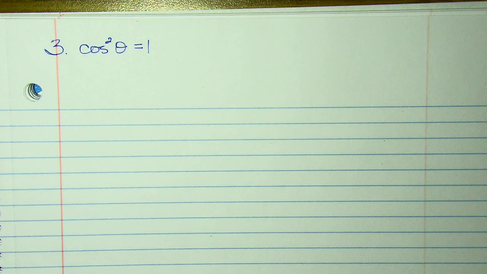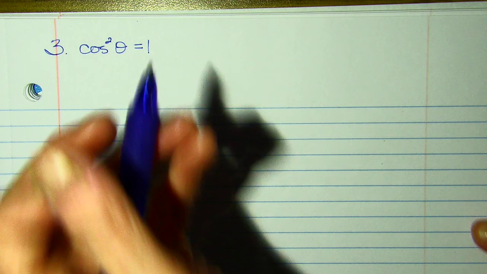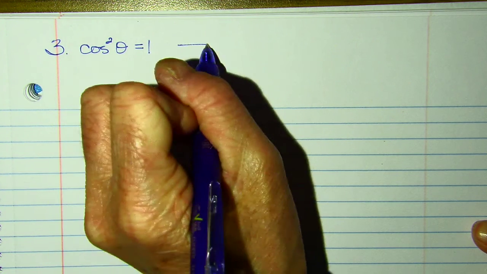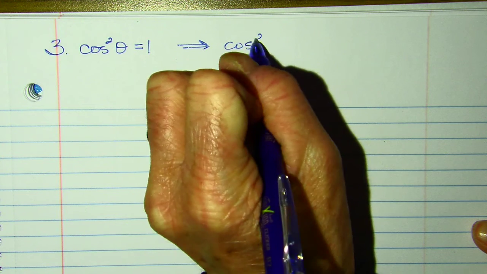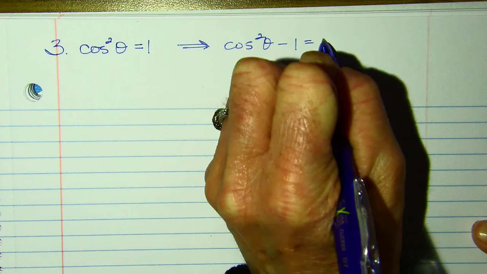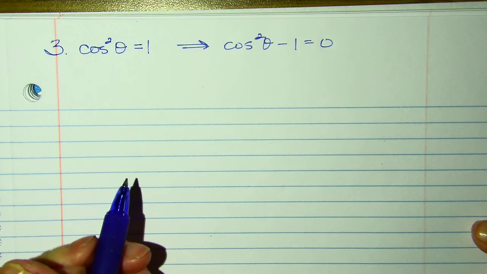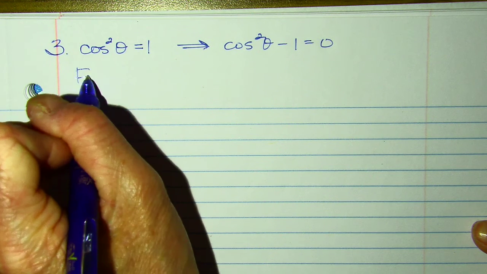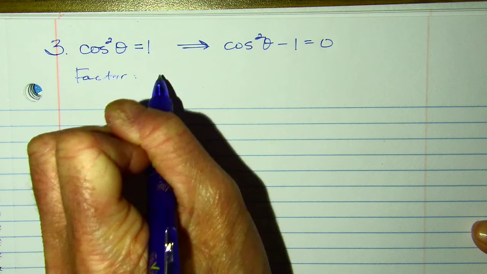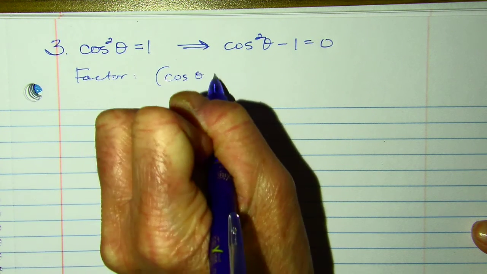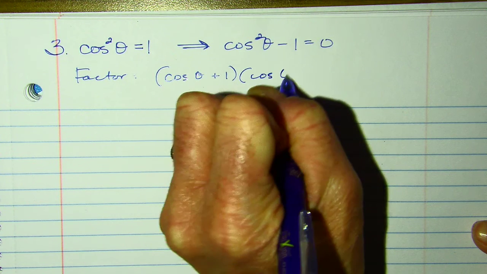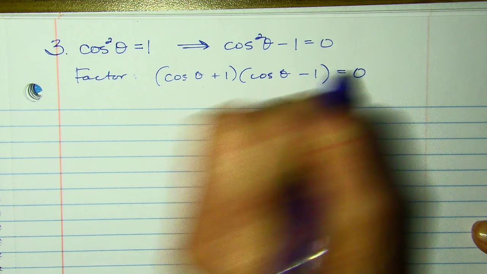All right. So let's talk about this one. This one looks different. I need to make sure that when I am factoring, remember the right-hand side has to equal 0. So I'm going to rewrite this to be the cosine squared of theta minus 1 equals 0. Then I'm going to factor. So cosine of theta plus 1 and cosine of theta minus 1 equals 0.